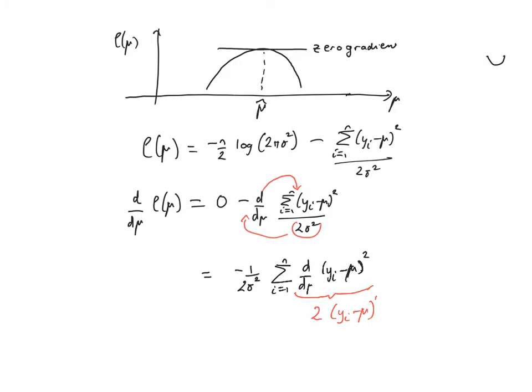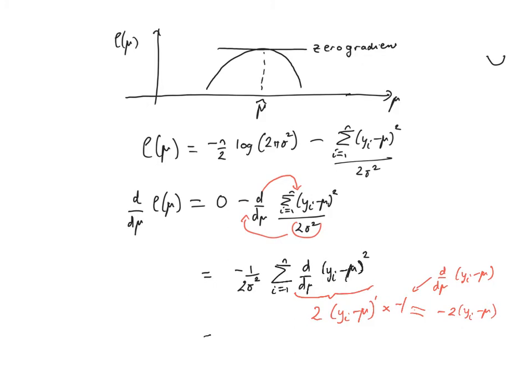But then we've also got to multiply that by the derivative of the inner term, and that is minus 1. So that minus 1 is the derivative with respect to mu of yi minus mu. When we bundle all this together, we end up with minus 2 (yi minus mu). So the derivative of the term inside the sum is minus 2 (yi minus mu).